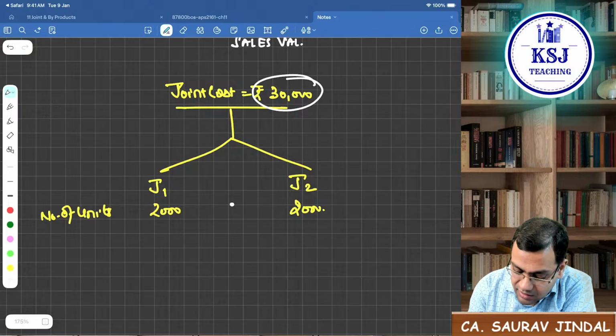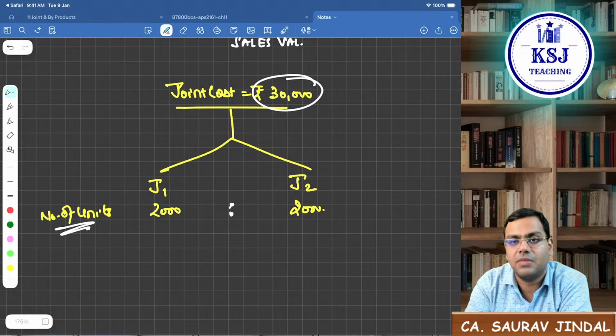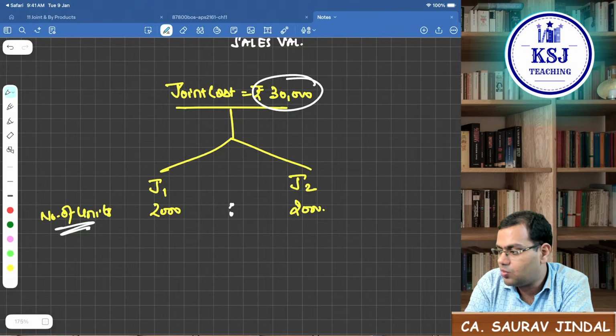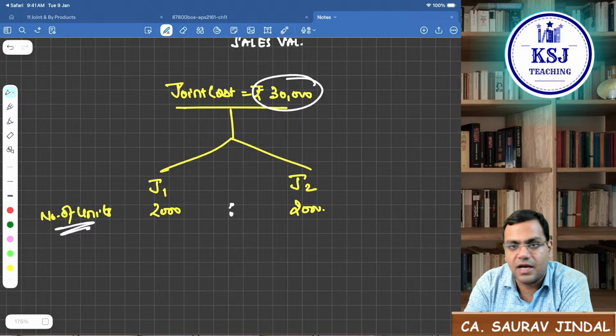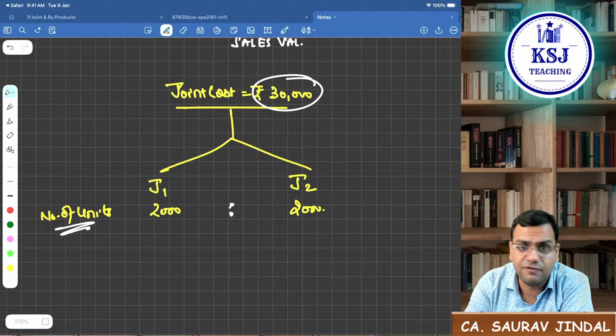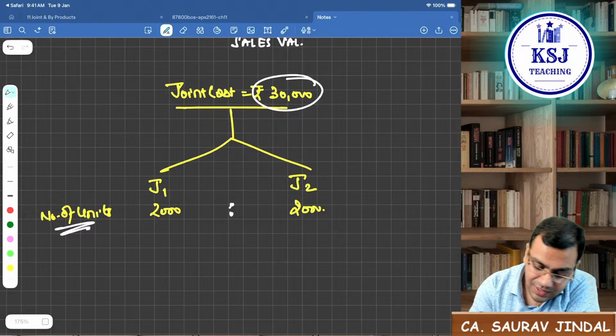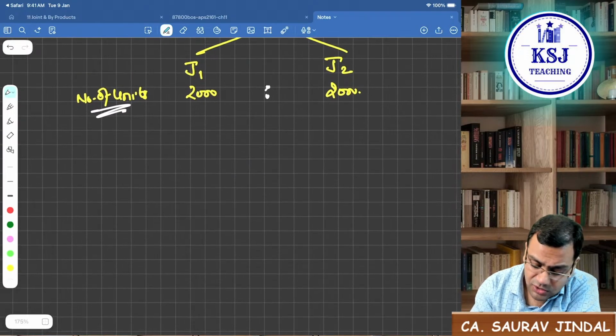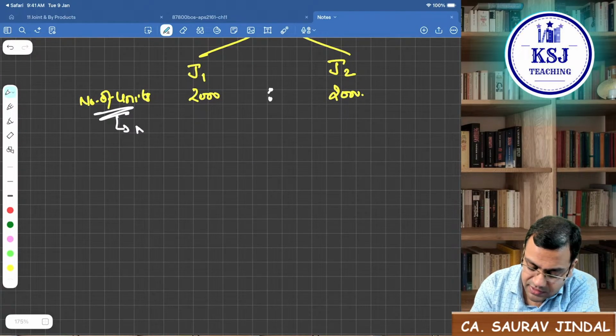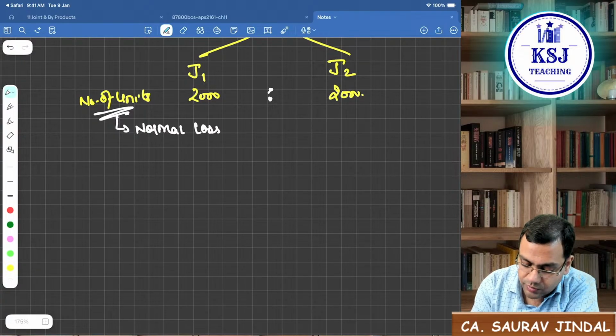That is in the ratio of the number of units manufactured. So it will be in the ratio of 1:1. Now in the case of number of units being manufactured, in case there is a normal loss also, then what to do?